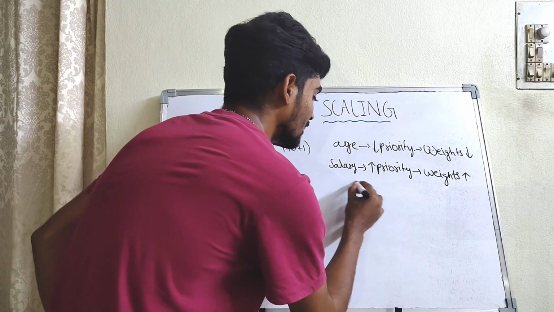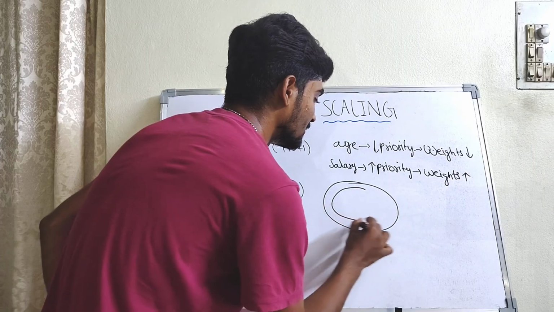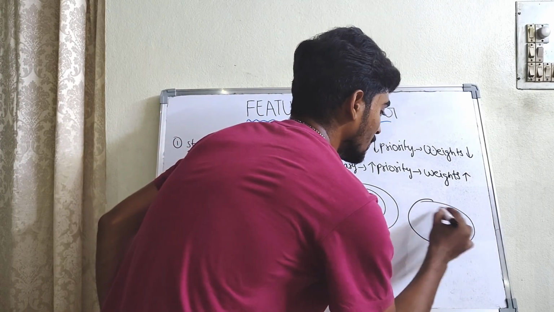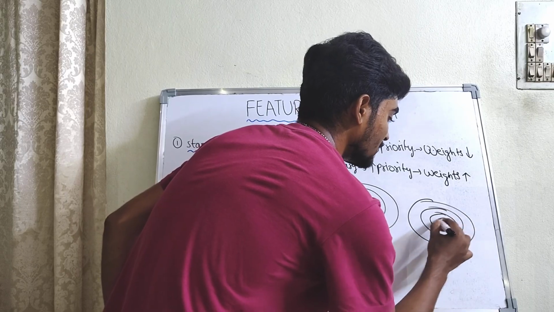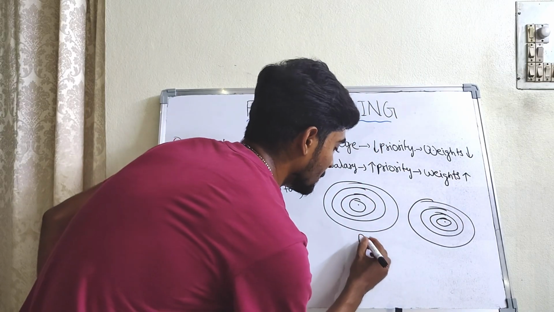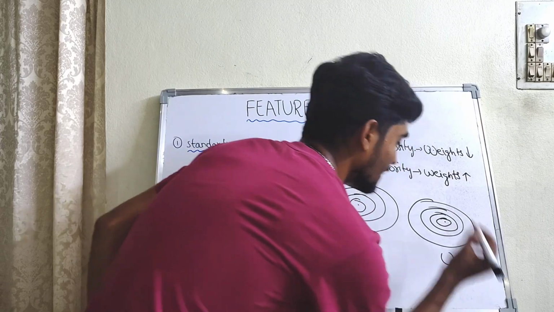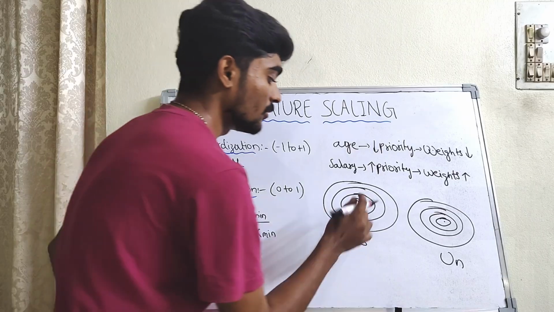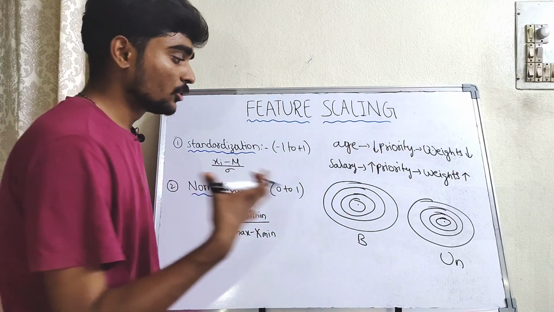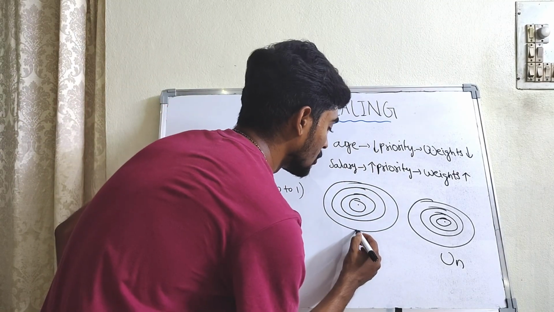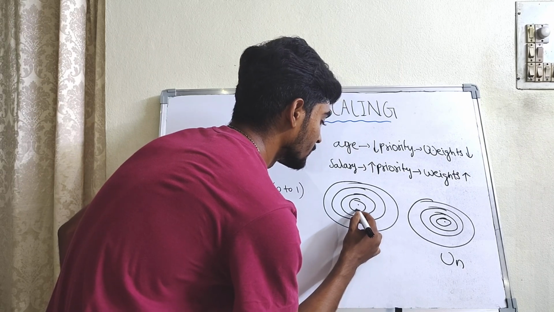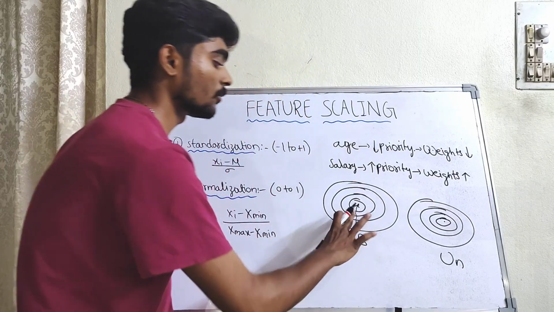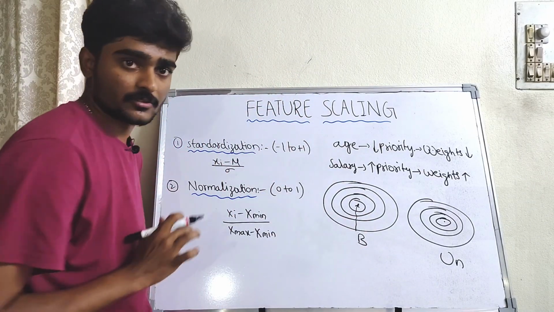Now we'll be seeing the contour plot when we feed the balanced dataset as well as the imbalanced dataset to our artificial neural network. This is the contour plot for the balanced dataset and this is for the unbalanced dataset. When you feed the balanced dataset to your artificial neural network, the contour plot will look this way, with a very smooth convergence toward the global minimum.